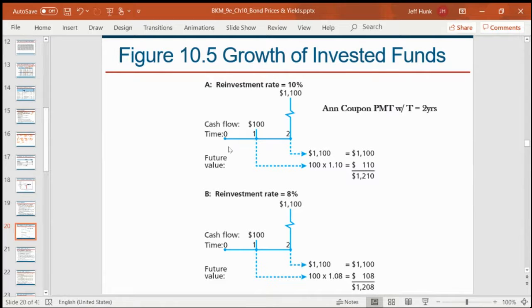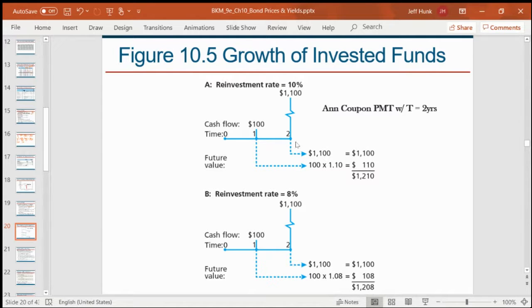If coupon rate is 10%, 1 year later you will have $100. Okay, and then if you reinvest it into the same bond, it will earn 10%. So 1 year later, which means at the end of year two, you have $110. That means that $100 coupon will become $110. This is a very basic concept of compounding.